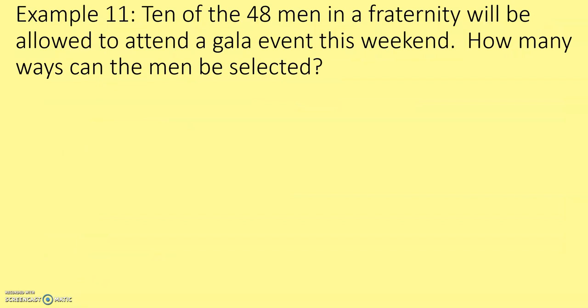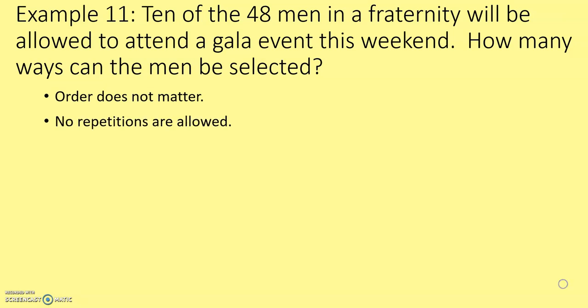Example 11. 10 of the 48 men in a fraternity will be allowed to attend a gala event this weekend. How many ways can the men be selected? Order does not matter. No repetitions are allowed. It is a combination. There are 48 men, and we need to choose 10 of them.